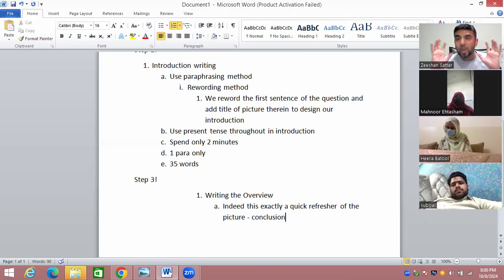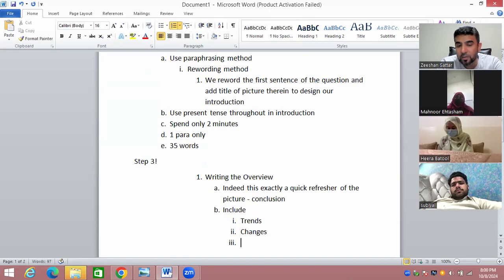We do not go into any detail. We just include, number one, trends in the picture. We just include changes that we have observed. We just write the variables given in the picture.